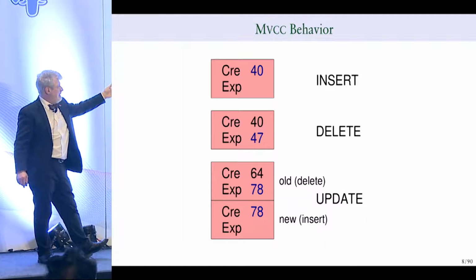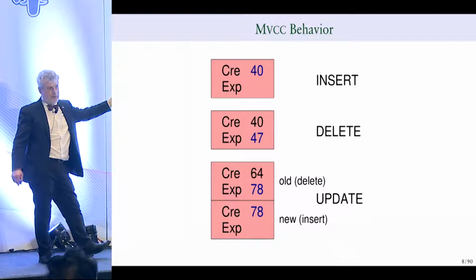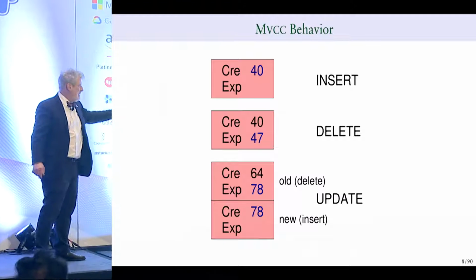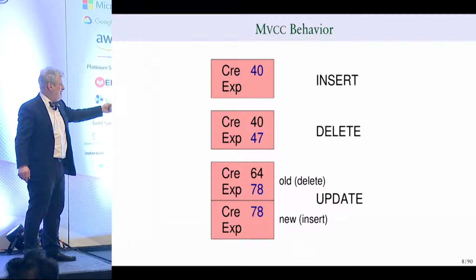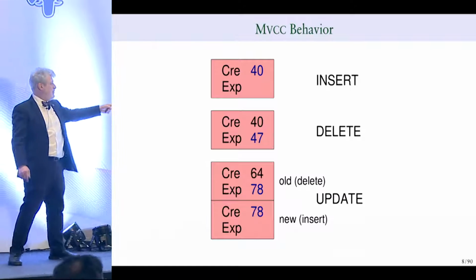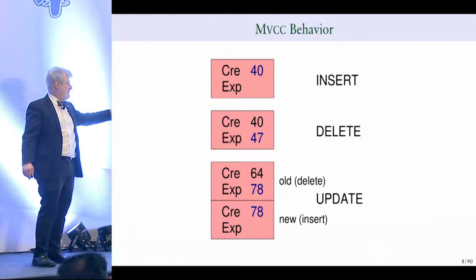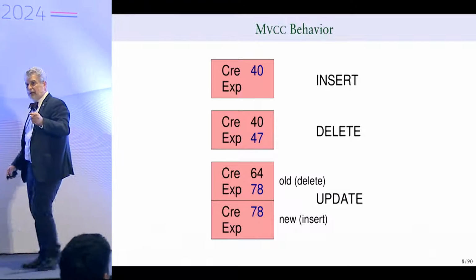But it's actually been deleted or expired by transaction 47, okay? And perhaps the most unusual case is the update, created by 64, expired by 78, but a new version of that row has been created also by transaction 78 and has no expire location, okay?